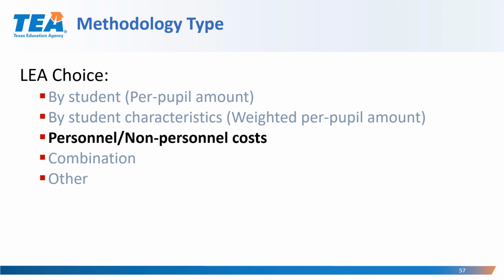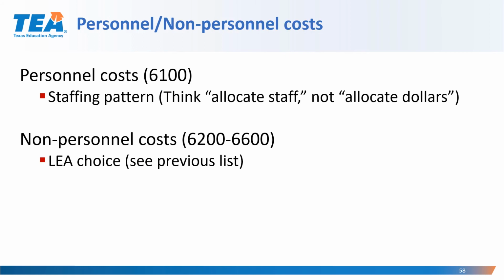Guidance from the U.S. Department of Education has provided some flexibility for the personnel, non-personnel cost category. For example, the LEA would allocate personnel cost for 6100 based on a staffing pattern.